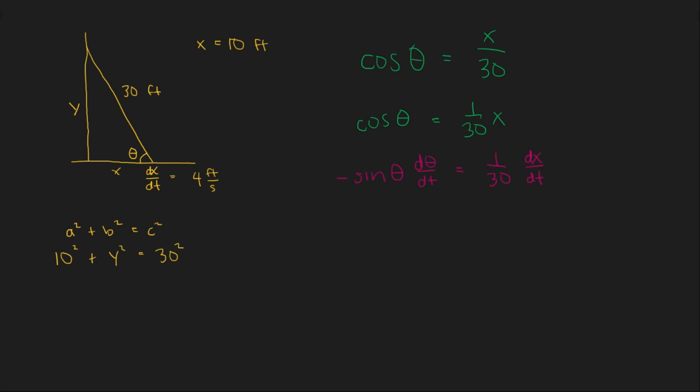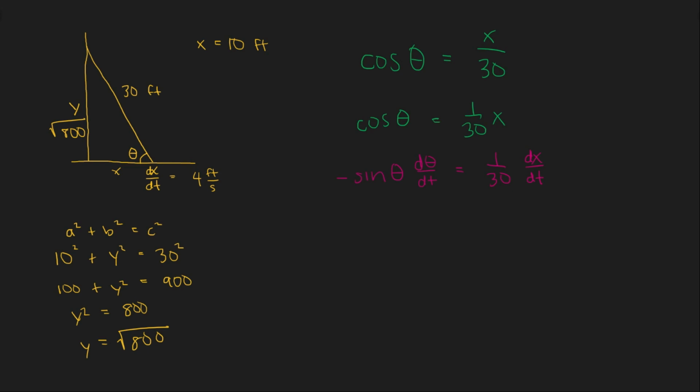Then from here, 10 squared is 100 plus y squared equals 900. Y squared equals 800. And we know that y is going to be the square root of 800. So let's write that here. Square root of 800.